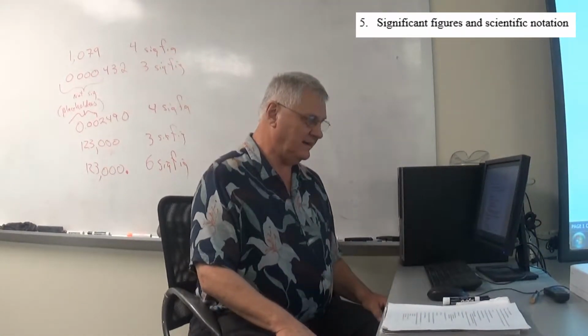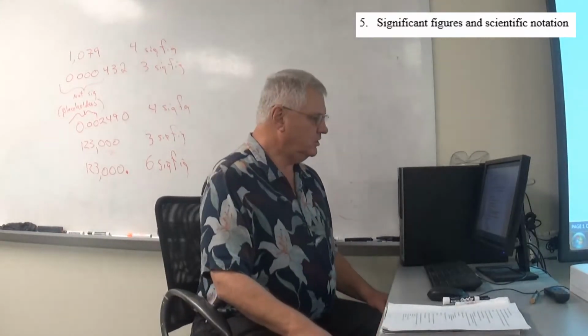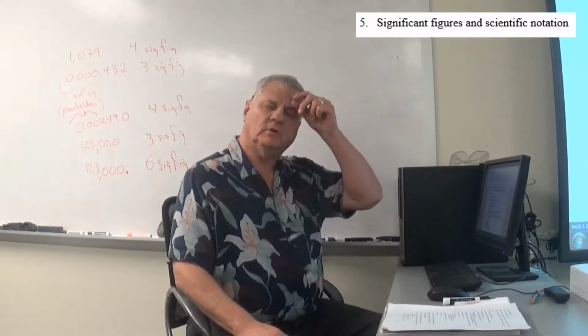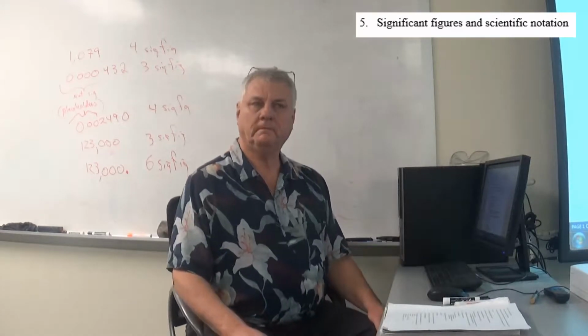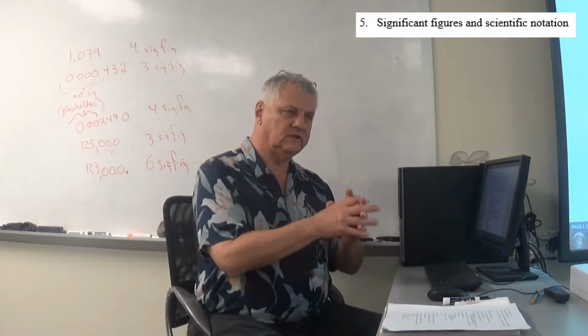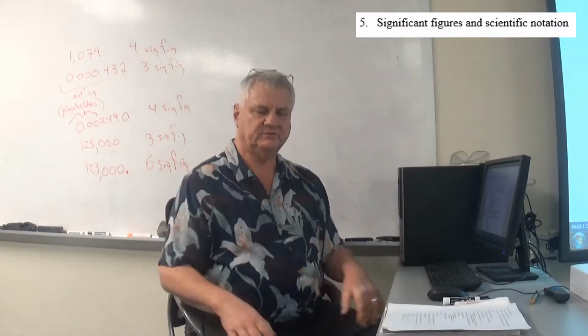Everyone comfortable writing numbers in scientific notation? Everyone know how many significant figures you can have in a calculation if it's a multiplication or division problem? The smallest. Whichever measurement has the fewest significant figures, that's the number of significant figures you can have in your answer.